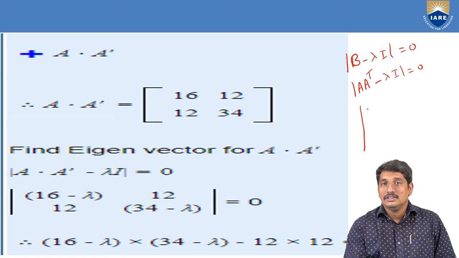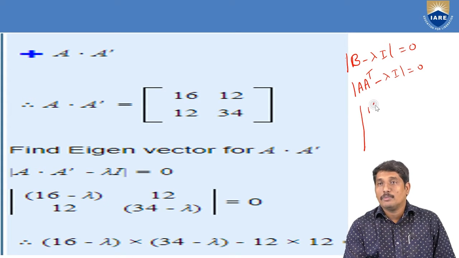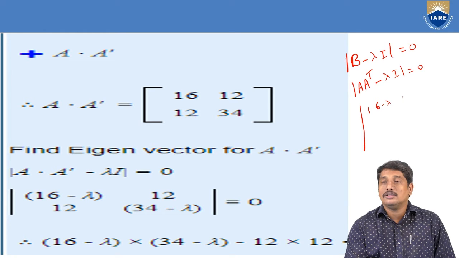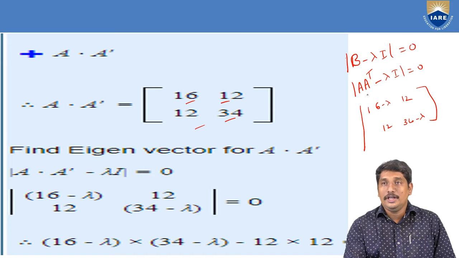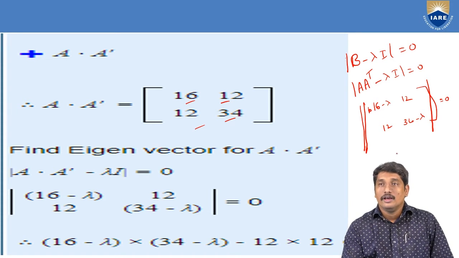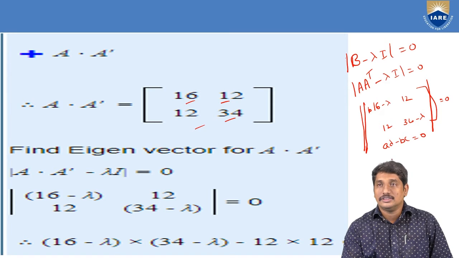It is nothing but the det of the matrix 16 minus lambda, 12, 12, 34 minus lambda, because here you can observe 16, 12, 12, 34. Now let us expand this det by using the formula AD minus BC, which is equal to 0.